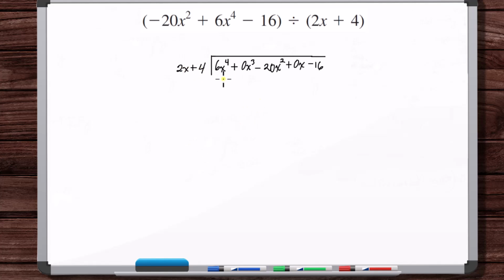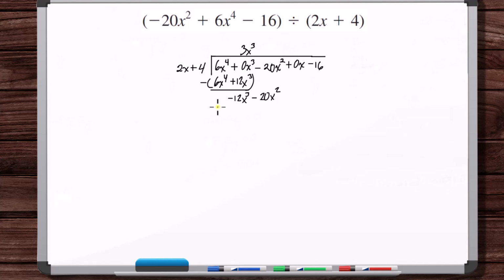Okay, 6x to the fourth divided by 2x is 3x cubed. So 6x to the fourth plus 12x cubed. Subtract these two. Minus 12x cubed. Bring down that 20x squared.